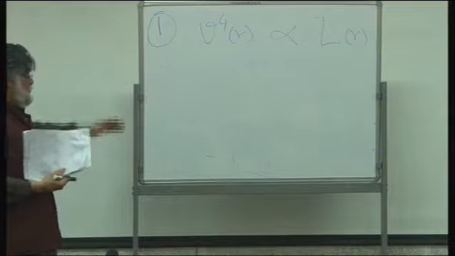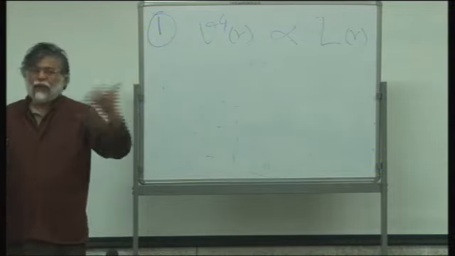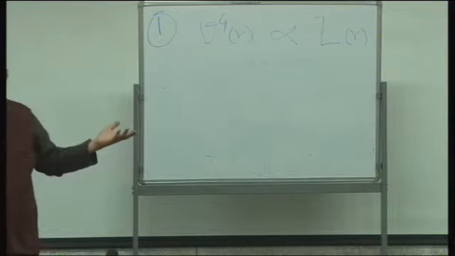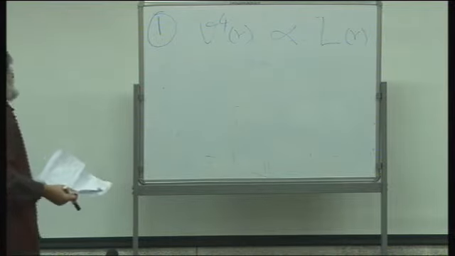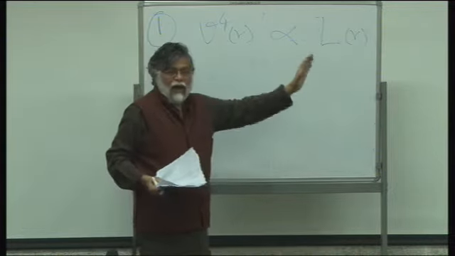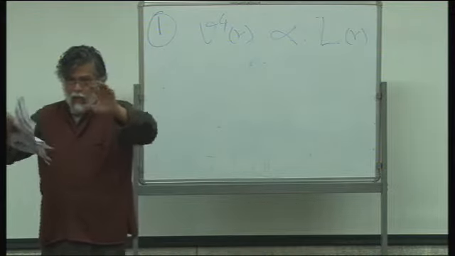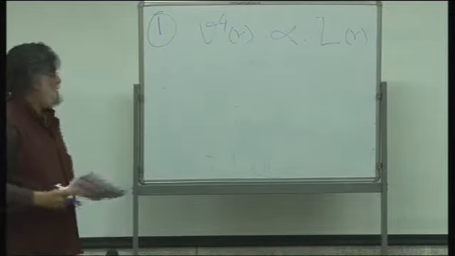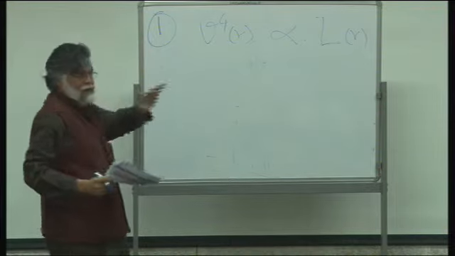So, the fourth power of the relevant velocity: rotation velocity for spiral galaxies, while dispersion velocity for stars in the elliptical galaxy. L of r is radiation from stars, all the stars which are located within a distance r from the center. So this is called the Tully-Fisher relation.